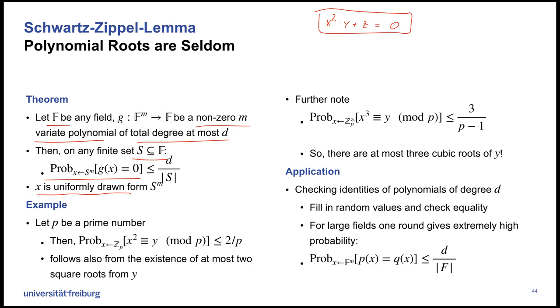Let me give you one example, maybe the easiest one: x is equal to 0. There's only one way to do that. So the probability that x is equal to 0 is 1 divided by the size of the set. And it could even be 0 if 0 is not in the set.